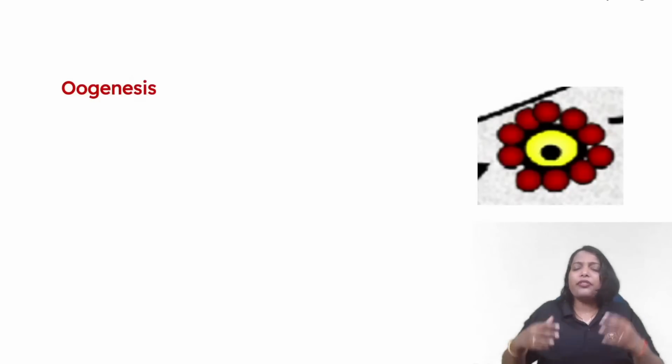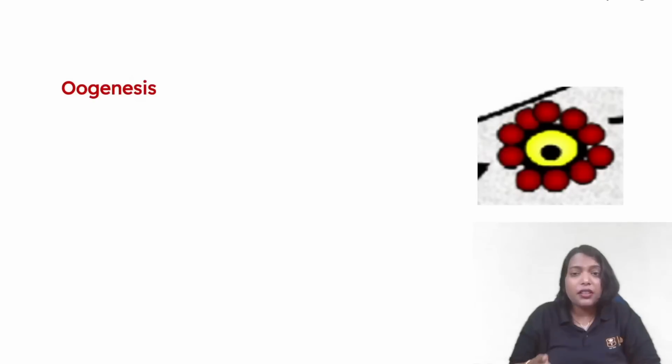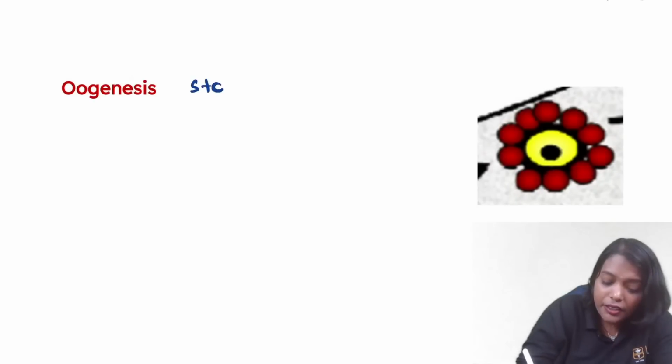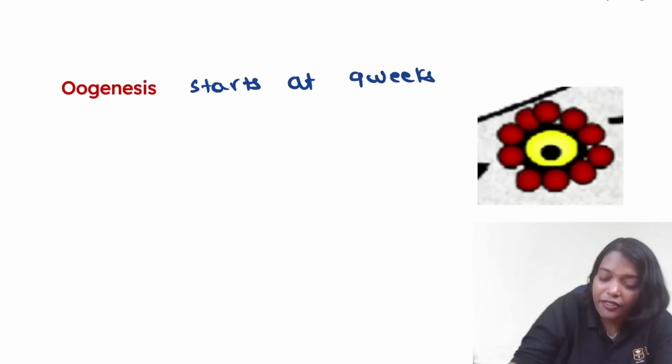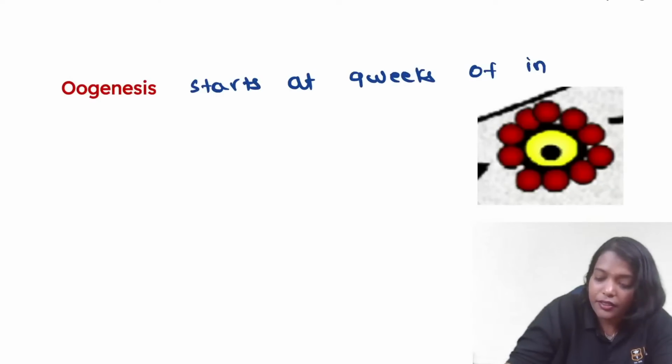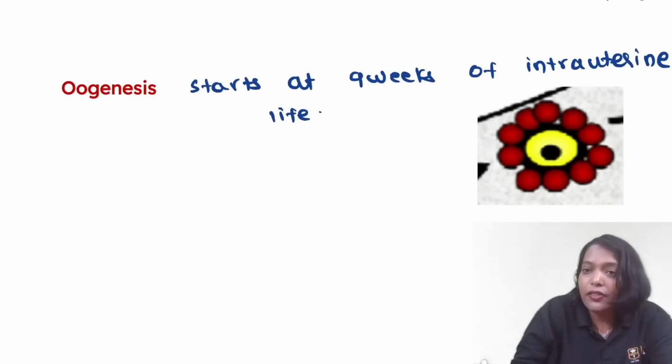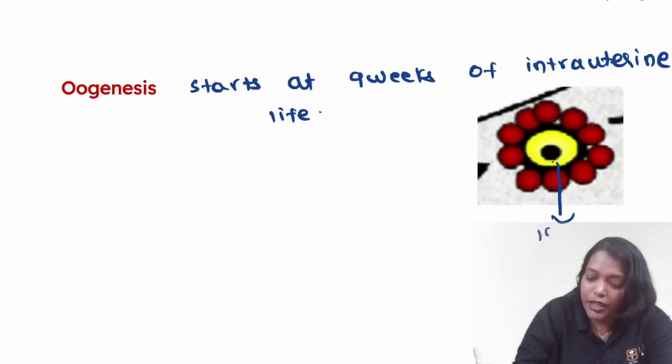We already told that woman has a lot of forward thinking. That's how this oogenesis also starts at 9 weeks of intrauterine life. So this yellow color one is the oogonium, this red color one is the granulosa cells. Actually this entire thing is the follicle. Only the yellow color one is the primary oocyte.